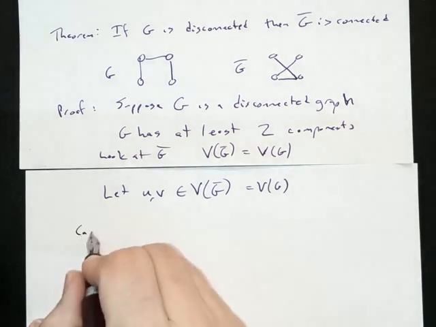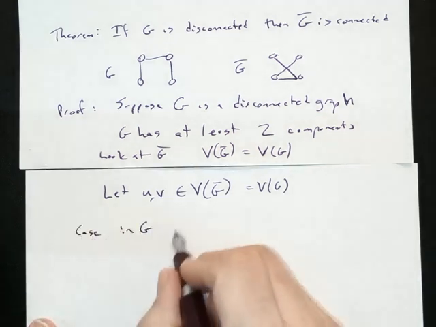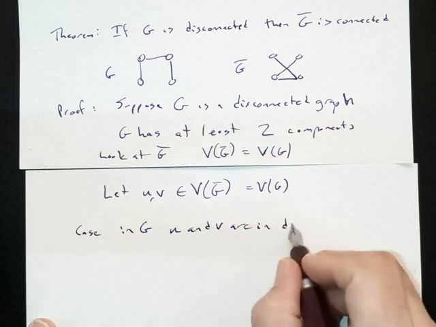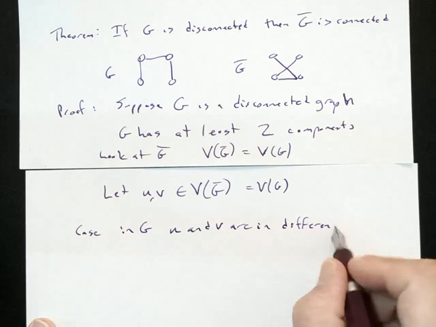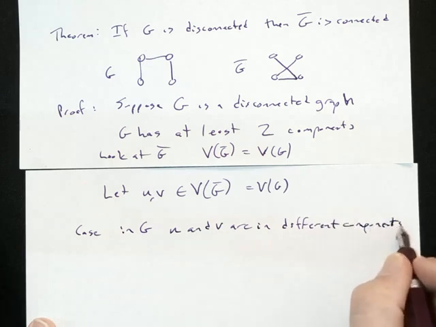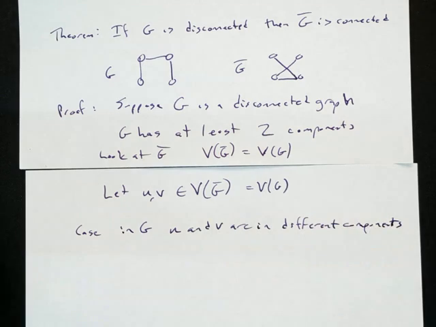Okay. So case one, in G, U and V are in different components. Well, that guarantees me that there's no edge between U and V. They're in different components. Not only is there no edge, there's no path. That means there's definitely not a path of length 1.